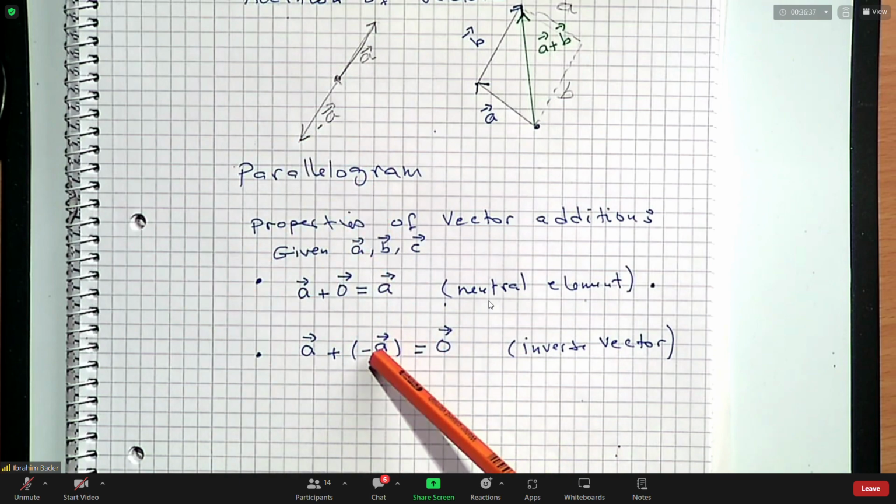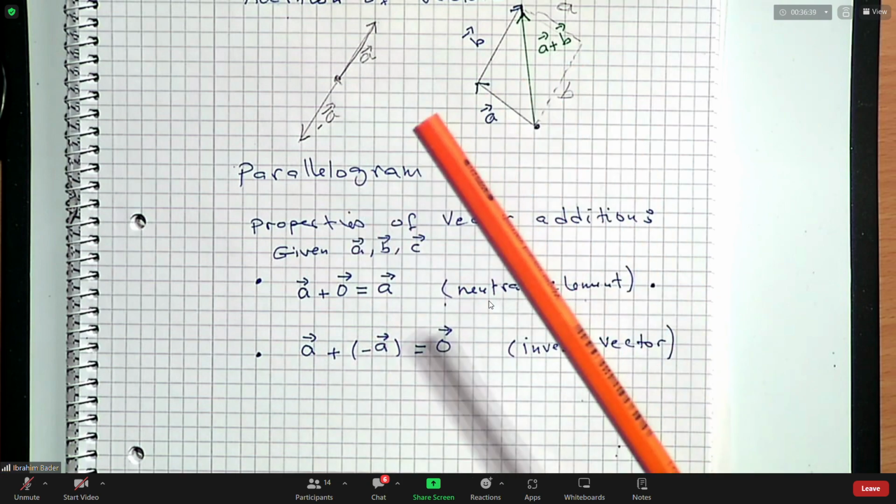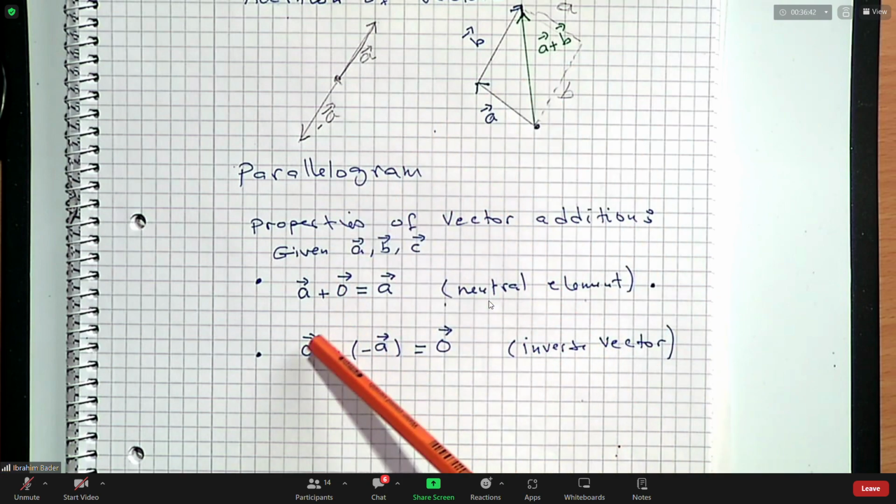This is what is meant by negative A. Now, if you add these together, you will have a 0, and this is called the inverse vector or inverse element.